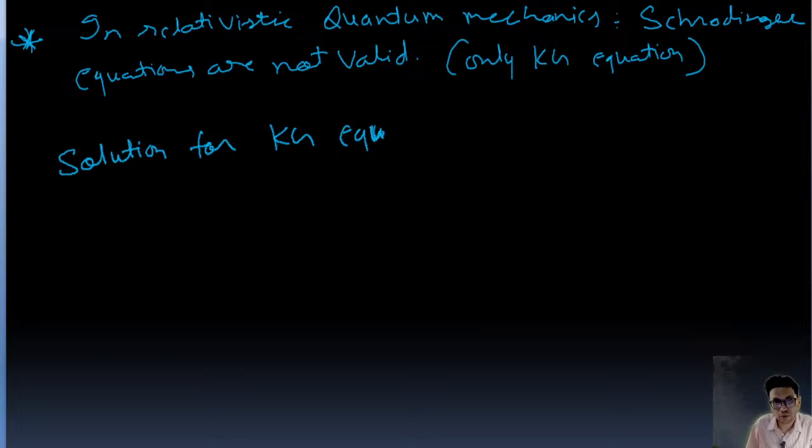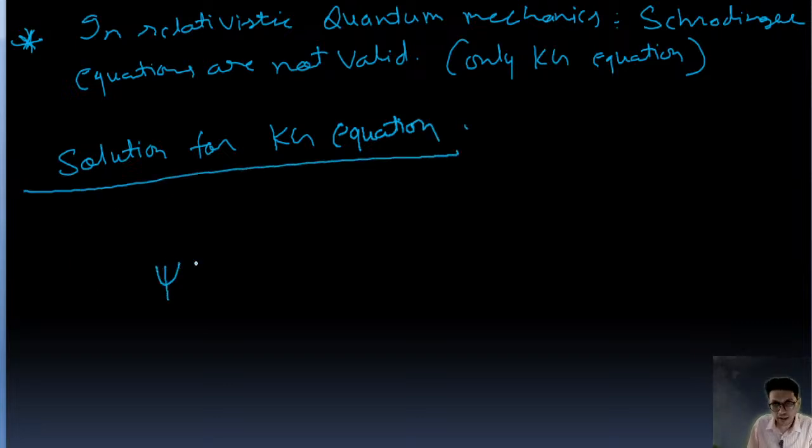So psi, which is a function of x and t, is equal to A e to the power iota (px minus Et) upon h cut.